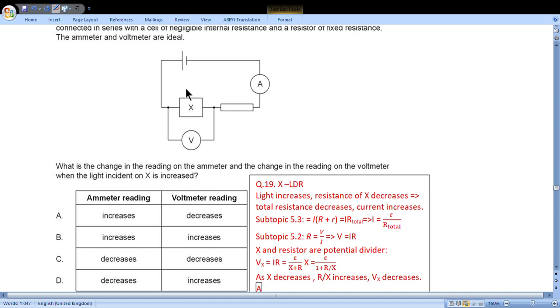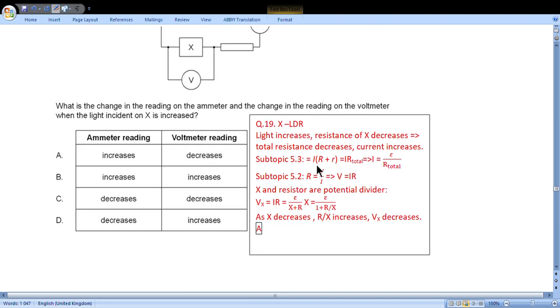So when light intensity increases, resistance of X decreases, total resistance decreases, current increases, but X and R are connected in series, so they share the voltage of the cell. And as resistance of X decreases, voltage on it will decrease.